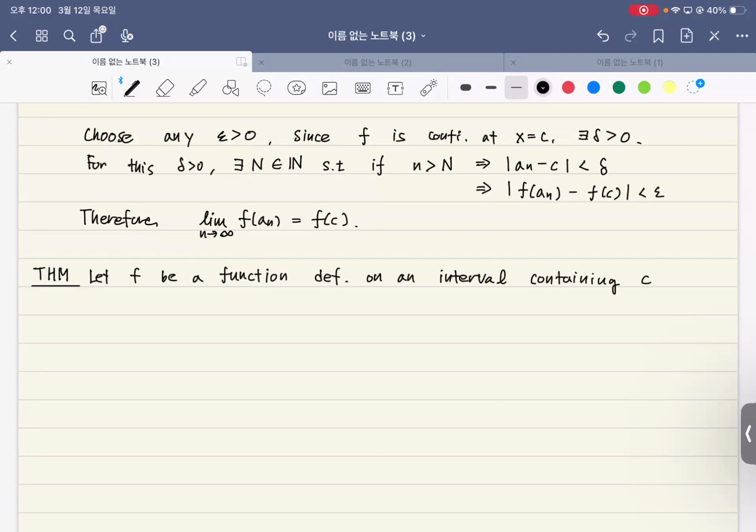So suppose that I have some random function whose domain contains some interval that contains c. Now, we still do not know whether this function is continuous or not. But suppose that this function is satisfying this nice property.